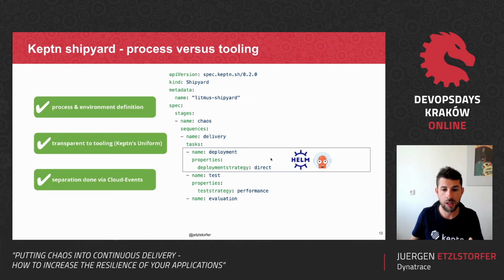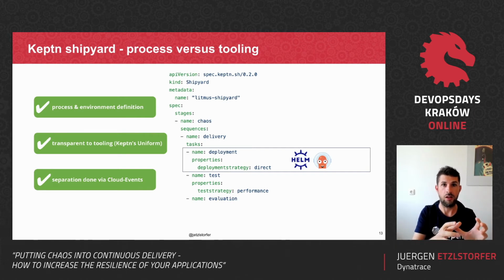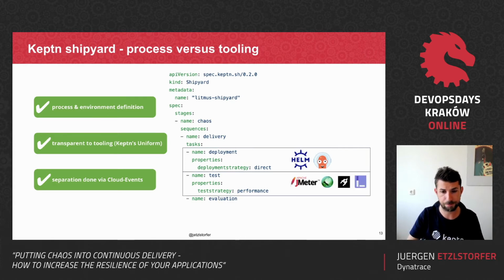And Keptn will augment the cloud events that are sent to Helm or Argo with a deployment strategy, with the artifact you have to deploy, with the version of the artifact you have to deploy. All this information will be sent from the Keptn control plane to what we call the execution plane, for Helm or Argo or whatever tool to pick it up and work upon this.